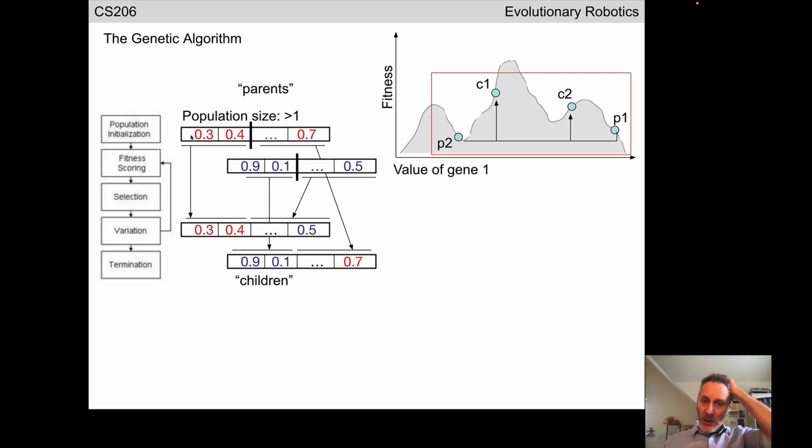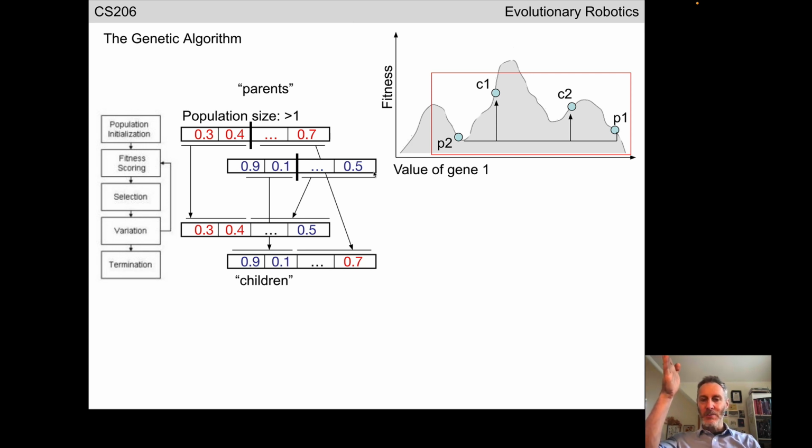How does this work? Well, the genetic algorithm starts like the parallel hill climber. We create a population of n random vectors, n random genotypes. Each genotype has a random setting for each of the genes. And in our cartoon example, again, P1 happens to fall over here, P2 happens to fall over here. When we produce offspring, we're now not going to produce offspring from individual parents, but from combined parents in the following way. We have the red parent here and the blue parent here.